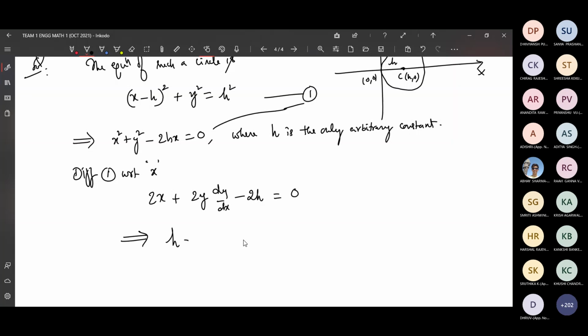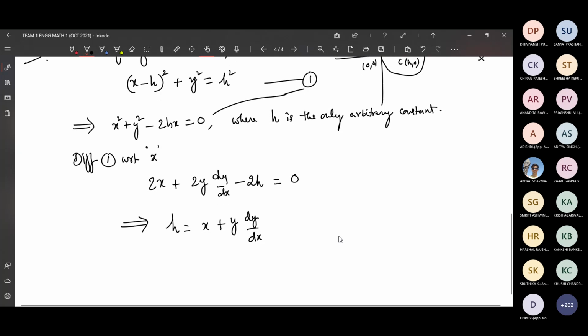Therefore, h equal to x plus y dy by dx. And this h we can substitute in equation 1, so that you will get x square plus y square minus 2x times h, which is x plus y dy by dx, equal to 0.